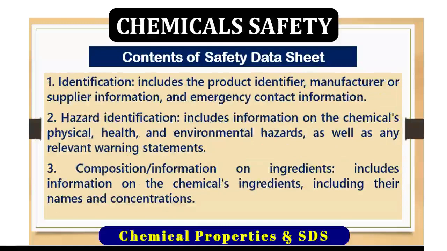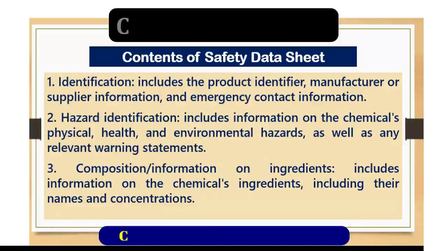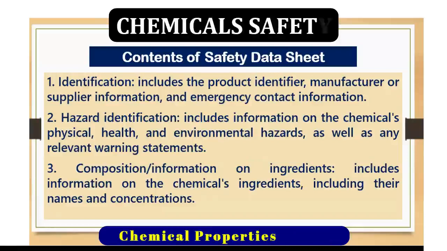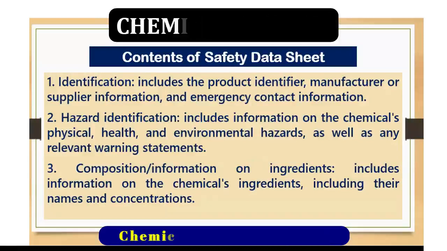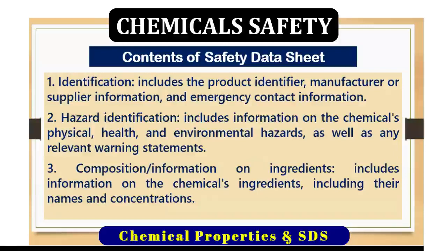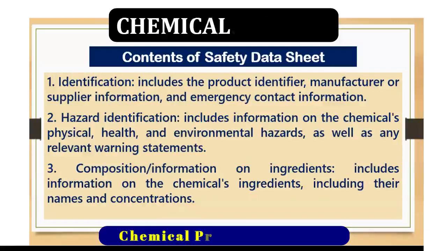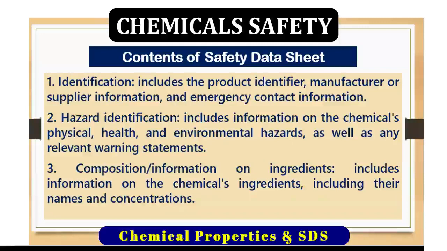Identification includes the product identifier, manufacturer or supplier information, and emergency contact information. Number 2, hazard identification. It includes information on the chemical's physical, health, and environmental hazards, as well as any relevant warning statements.